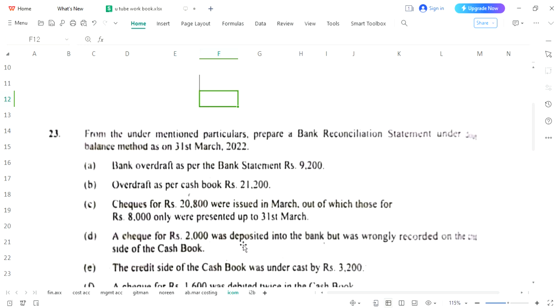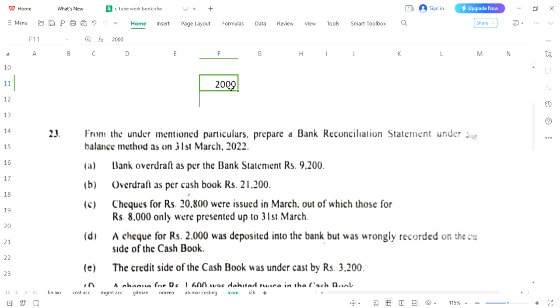A check for rupees 2,000 deposited. When you deposit your check, it means an increase in the bank account, which should be debited. So 2000 was supposed to be written on the debit side, but was wrongly recorded on the credit side. Instead of recording this entry on the debit side, you have recorded it on the wrong side, that means the credit side. So there are two mistakes over here.